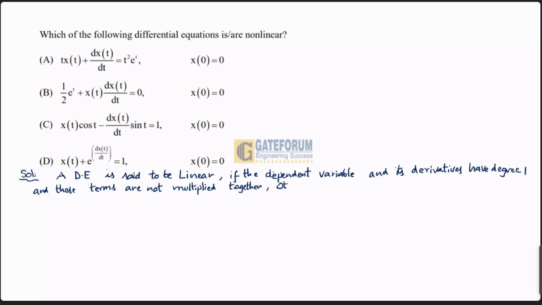Otherwise, the differential equation, the DE, is called non-linear.